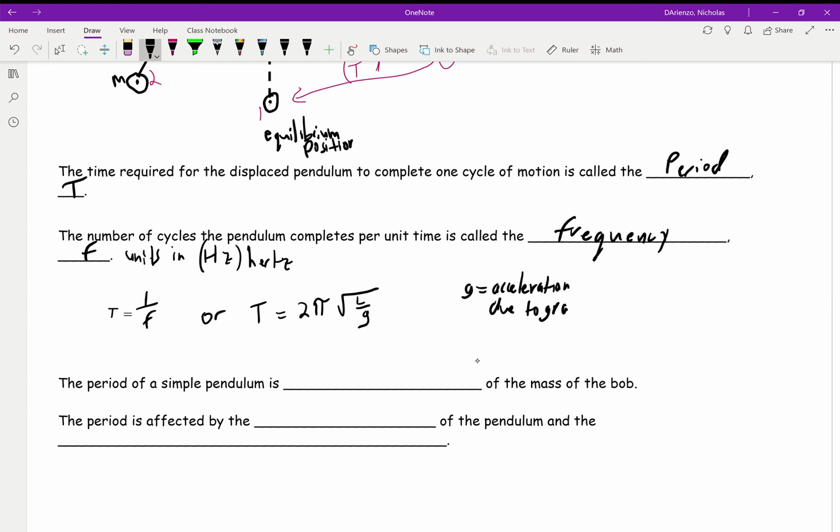And we know that value as 9.81 meters per second squared. So gravity is going to have a different effect on that mass, and it's going to cause that period to change.